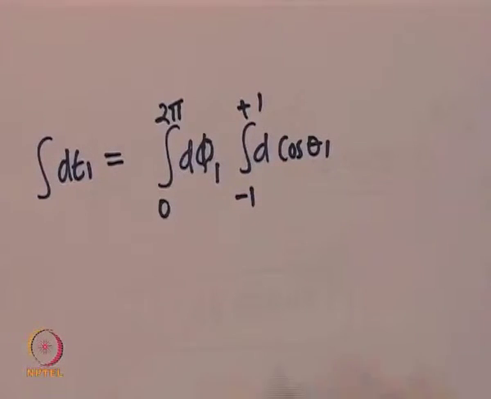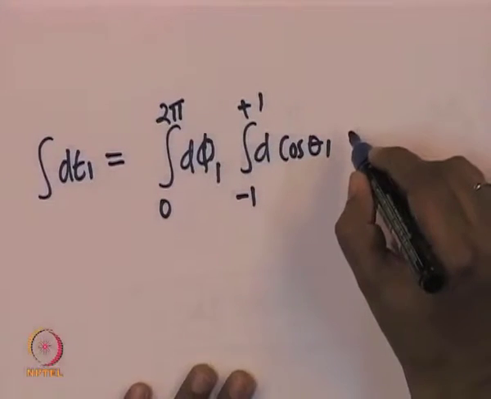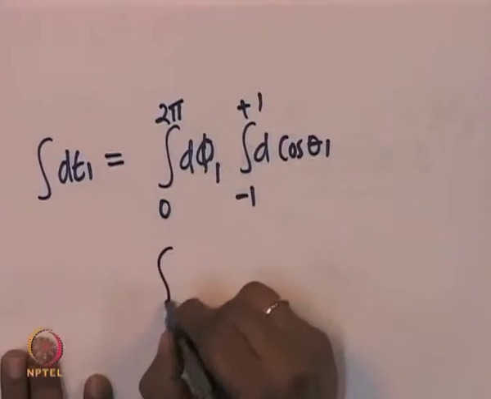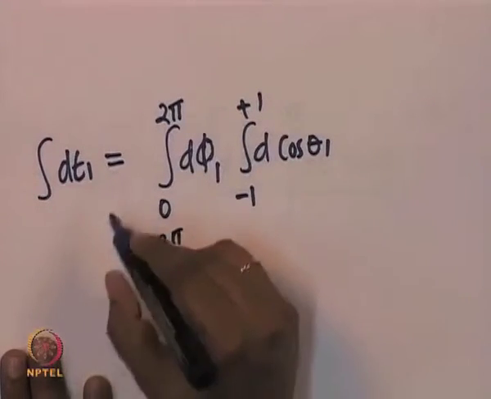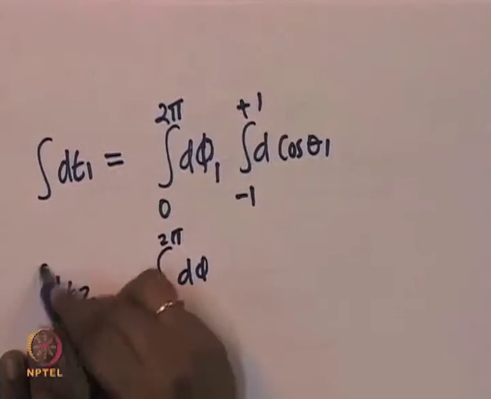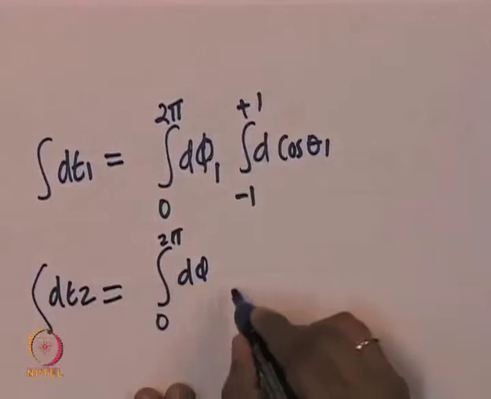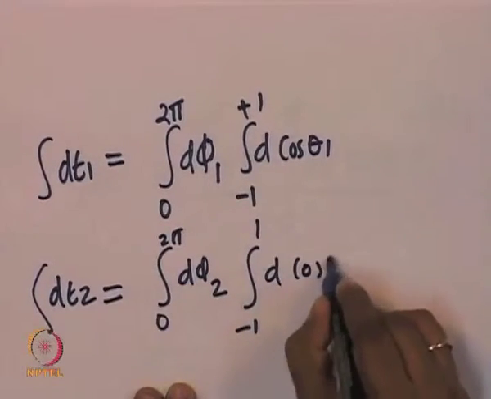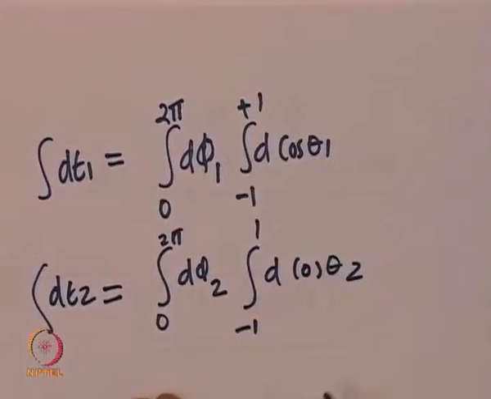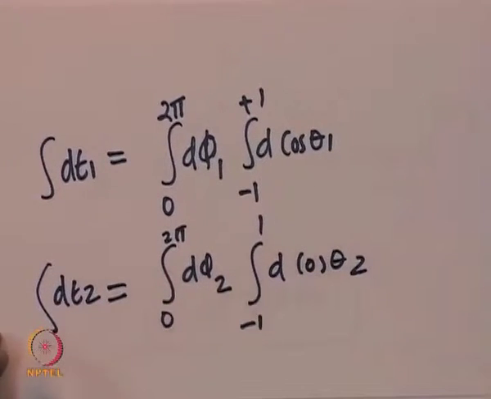Similarly, you have 0 to 2 pi d phi 2. So, you can write integral dt2 as d phi 2, minus 1 to plus 1 d cos theta 2. So, if you know dt1, dt2 like this, we can write everything like this.